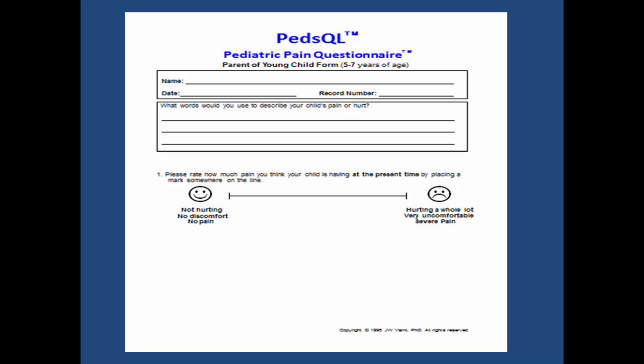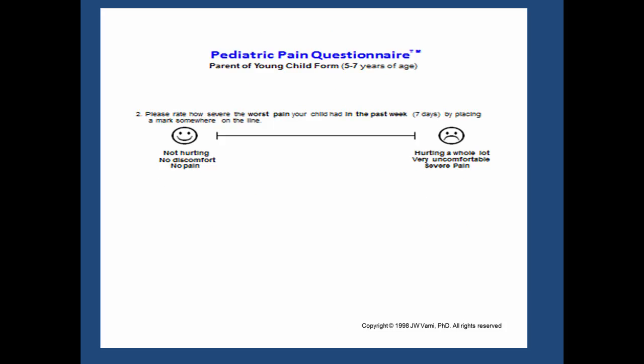So here we ask the parents to describe their child's pain, to mark on a 100 millimeter line where their pain is, from not hurting to hurting a whole lot, and then the worst pain the child had in the past week, again marking on the line where they think their child's pain was.